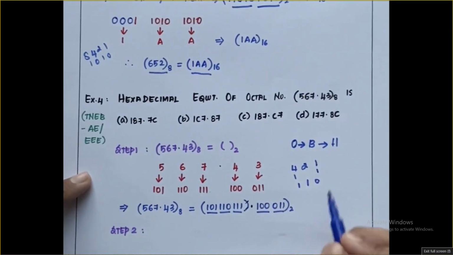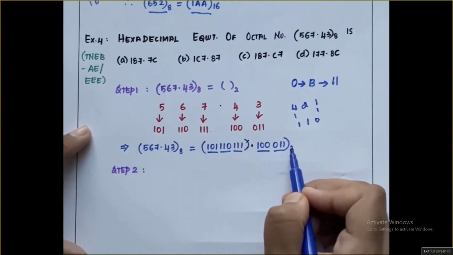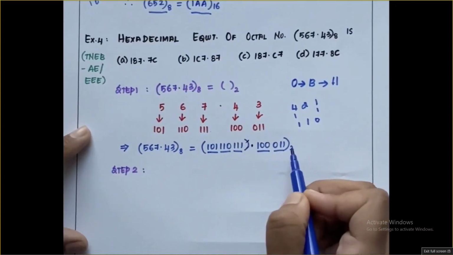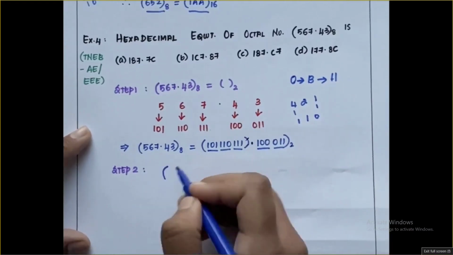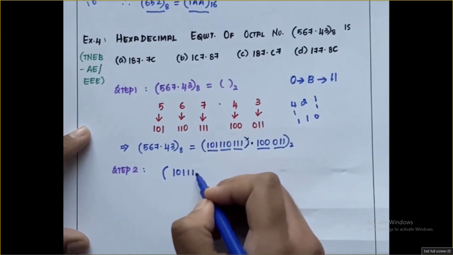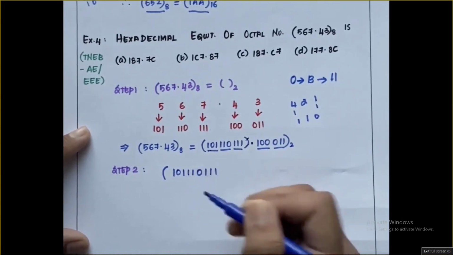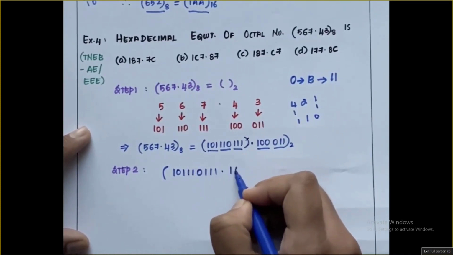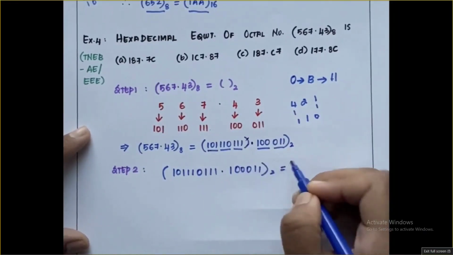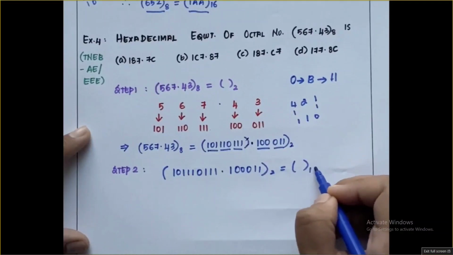So this is the equivalent binary value when base 8 is converted to base 2. The next conversion is converting base 2 to base 16. So 101110111.100011 to the base 2 has to be converted to base 16.